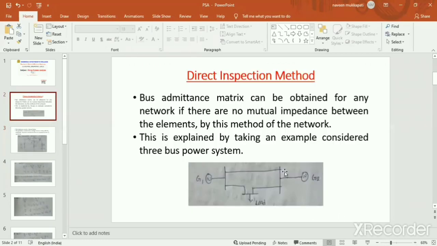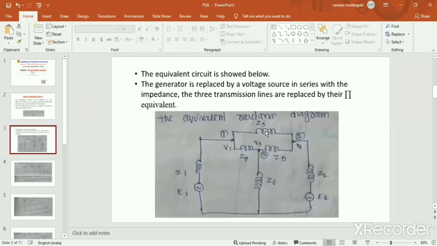After that, these are the elements. From bus 1 to bus 2 we have one element, from bus 1 to bus 3 we have another element, and from bus 2 to bus 3 we have another element. Those elements are to be represented by the equivalent reactance. In the reactance diagram the elements are replaced by the equivalent reactances Z3, Z4, Z5.